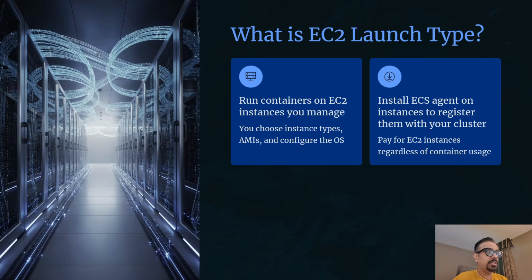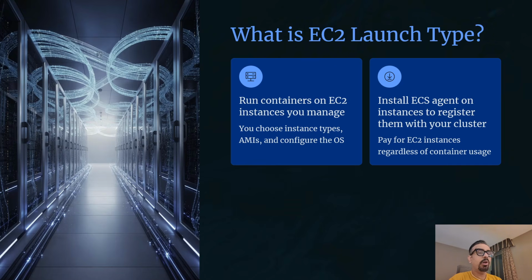You pay for the EC2 instances as long as they are running, whether containers are using them or not. If you launch a T3 large and only run one small container, you still pay for the entire instance. The benefit is flexibility. Need GPU instances for machine learning? Use P3 instances. Need specific kernel modules? Install them. Want to SSH and troubleshoot?